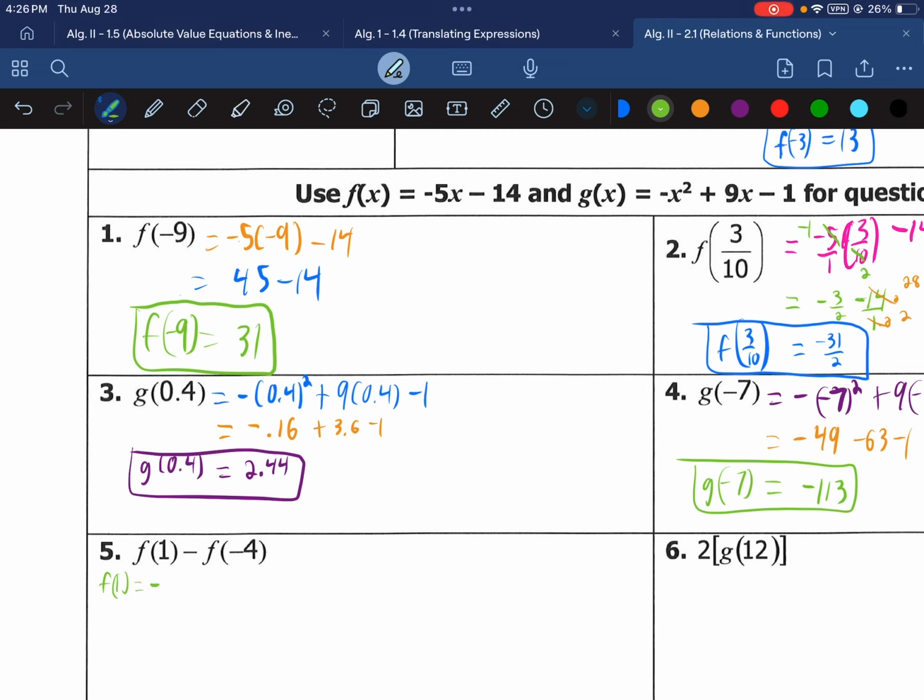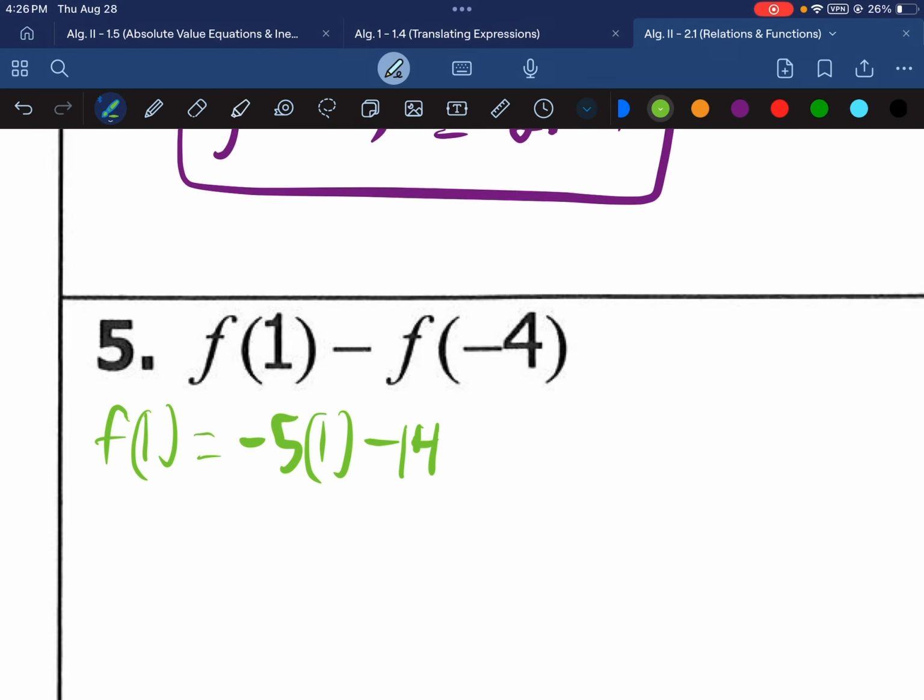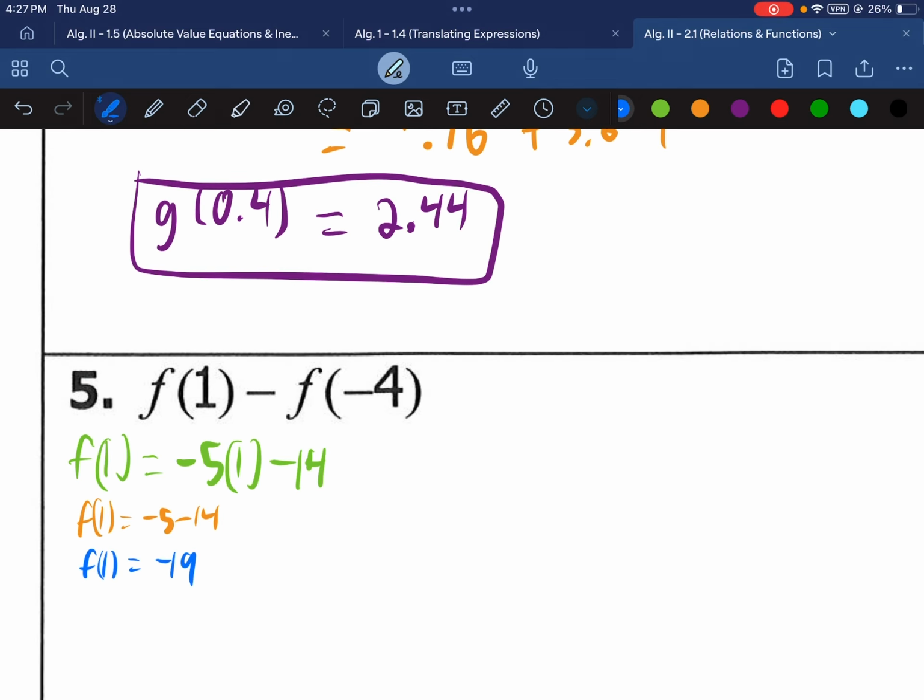So I plug in 1 into f of x, and I get negative 5 times 1 minus 14. Then I end up doing my order of operations like I have been, and getting negative 5 minus 14, which results in f of 1 equaling negative 19. Now I will go ahead and find f of negative 4.